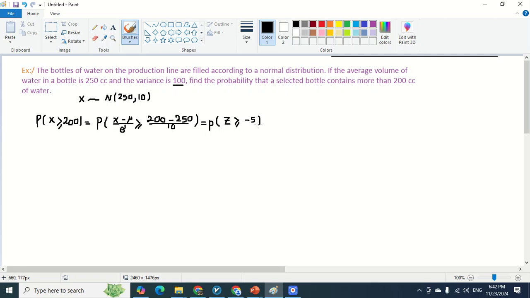So this will be calculated as 1 minus the probability of z less than or equal to minus 5. If you take a look at the negative table, this probability is approximately equal to 0. So the value of that one is 1. It's a certain probability, meaning that for sure the bottle contains more than 200 cc of water inside of it.